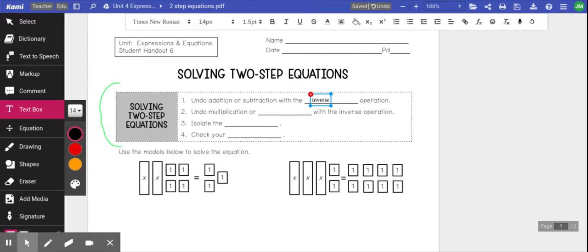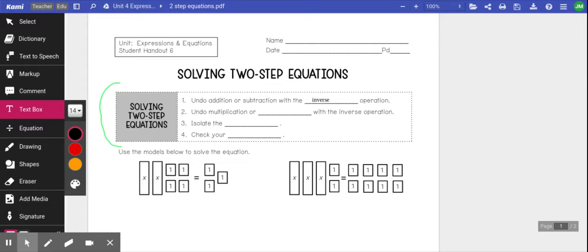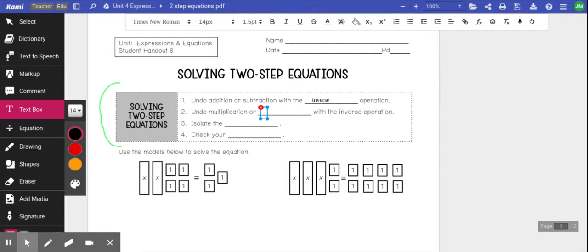So where we were adding and subtracting last, now when we go to two-step equations, we're going to do the inverse of addition or subtraction. We're actually going to do this first. Okay, so after we take care of the inverse of addition or subtraction, we are going to undo multiplication or division with the inverse operation.